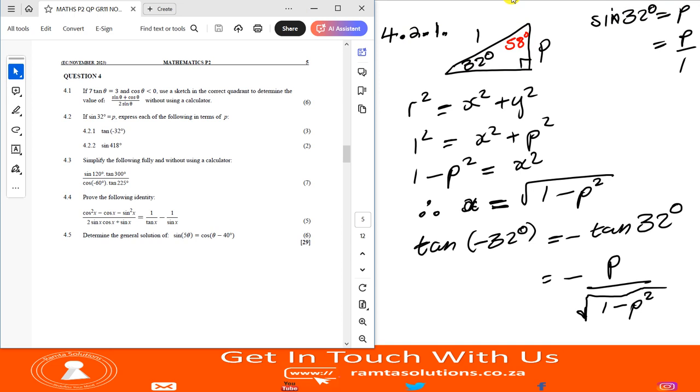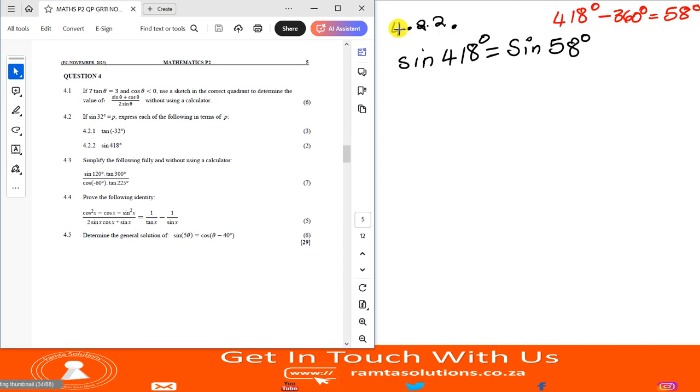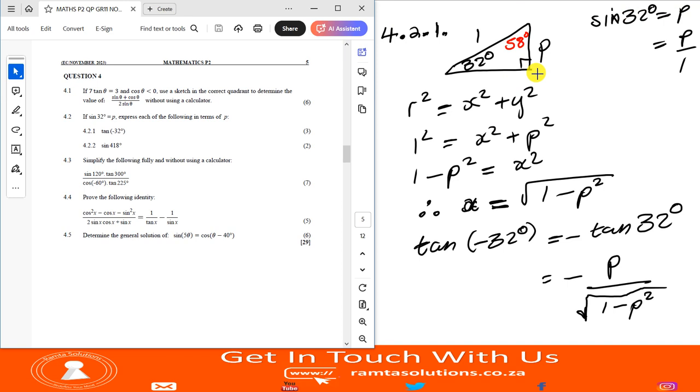I'm going to answer this question in 2 ways. So I'm going to proceed with what I just showed you now. So sine 58, let's go back. What is sine 58? It will be this side here.